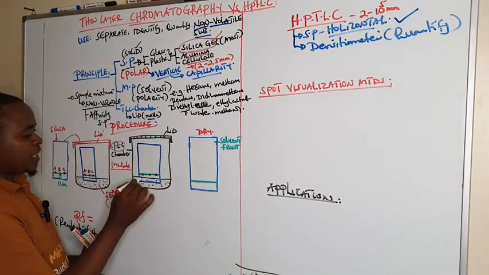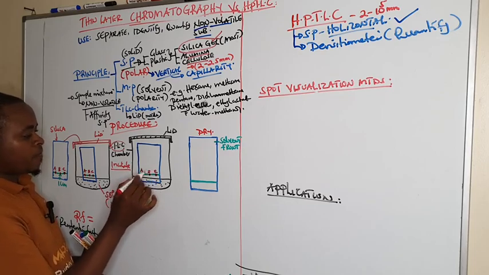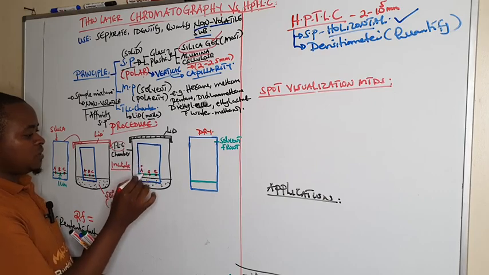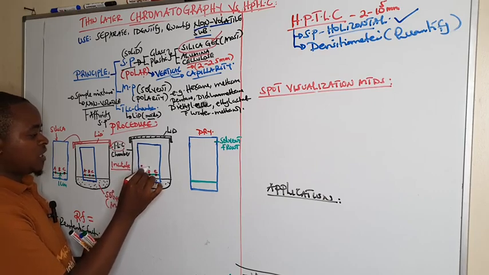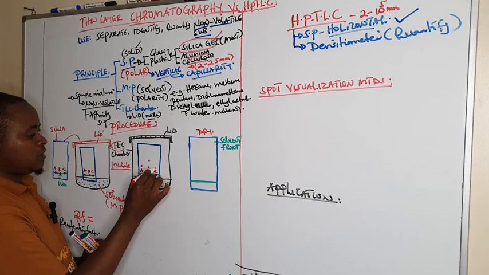So if substance A, B, C, they are going to start migrating. You'll find this one has migrated up to this point, this one was able to migrate up to this point, and the C was able to migrate up to this point.